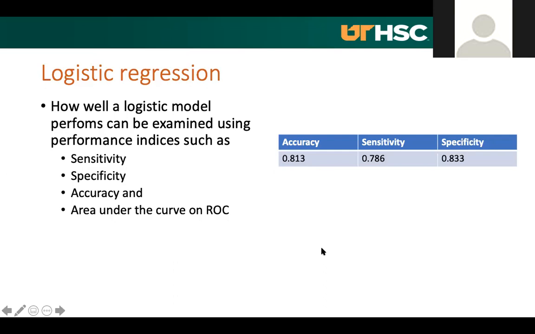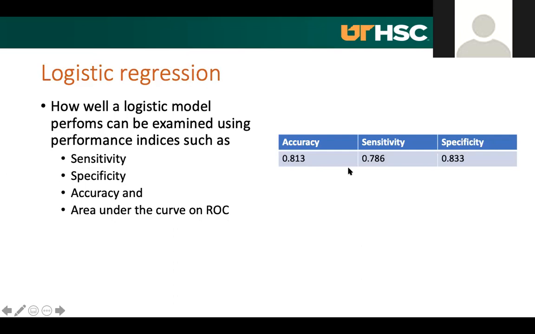So once we have done logistic regression modeling, we have to examine whether our model actually performs well. How well a logistic regression model performs can be examined using performance indices such as sensitivity, specificity, accuracy, and the area under the curve on the receiver operating characteristics curve.